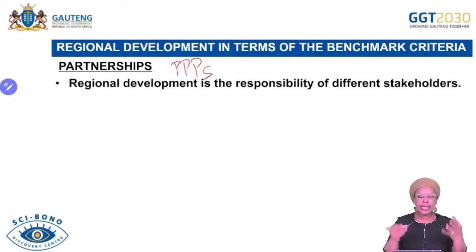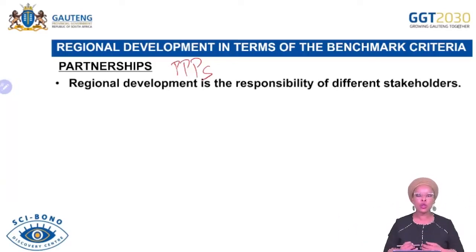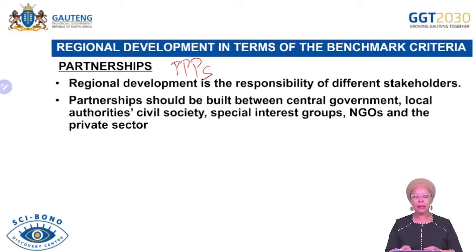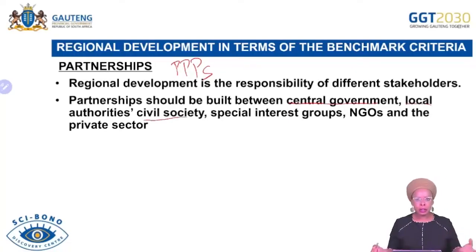So for regional development to take place, different stakeholders should be available. So it is not only limited to private and public sector. Central government represent public sector, local authorities represent public sector. Even civil society should also be part of regional development.